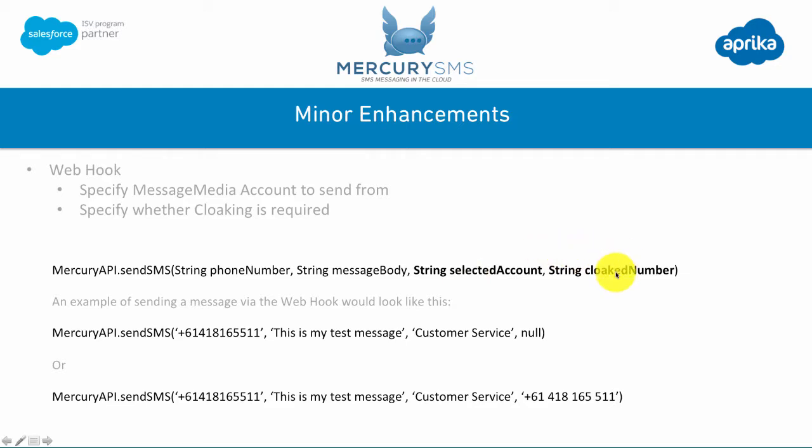And you can also optionally choose to cloak the message with your own number as well. So we've got here some examples of what the webhook might look like. This is an example where I'm specifying the message media account, but I'm not wanting to cloak it. And then this is another example where I'm sending it from the message media account, but I'm actually cloaking it with my own number. So two minor enhancements on the webhook there.